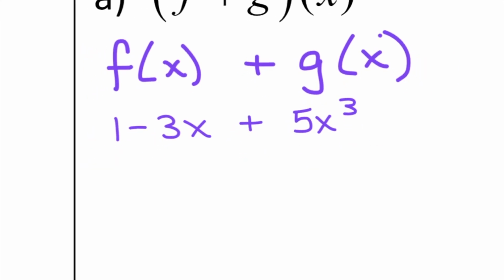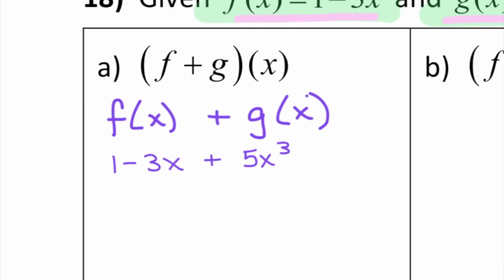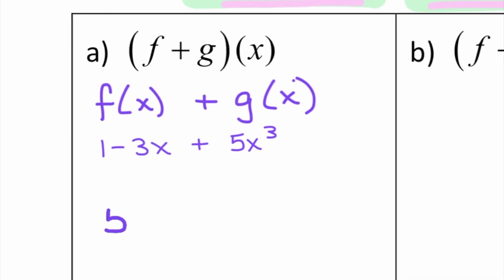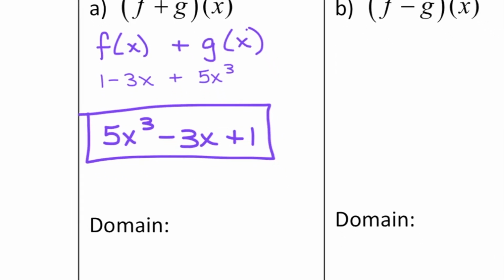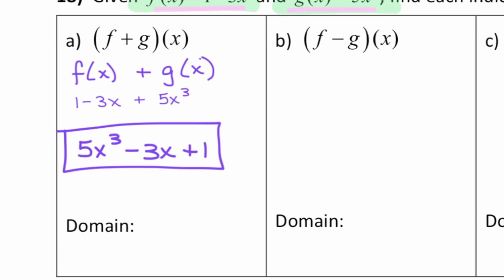And then you want to simplify. Nothing here simplifies, and if your gut really tells you that you have to write this in standard form, that's fine. I'm not going to require it. But that's going to be your answer, and there's nothing in this answer that should be a domain restriction, and neither of the original functions have a domain restriction, so my domain is going to be all real numbers.